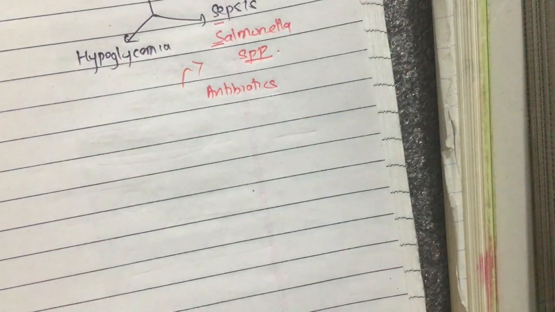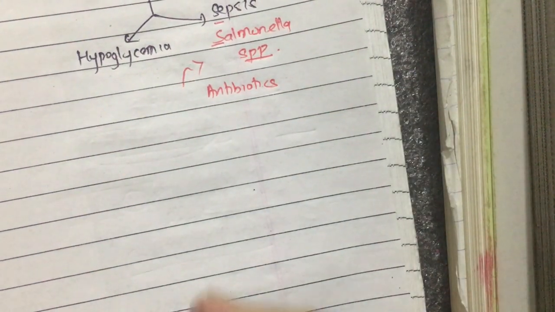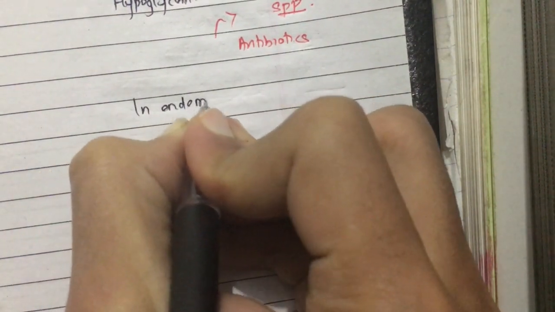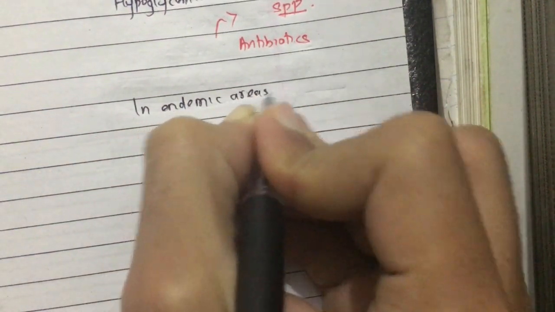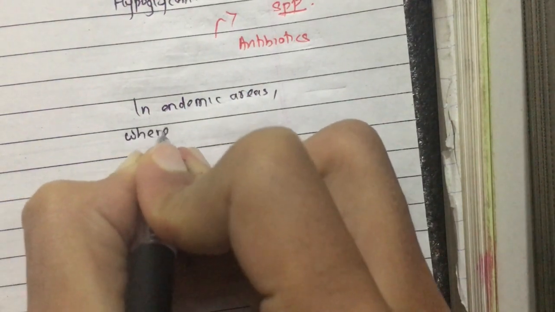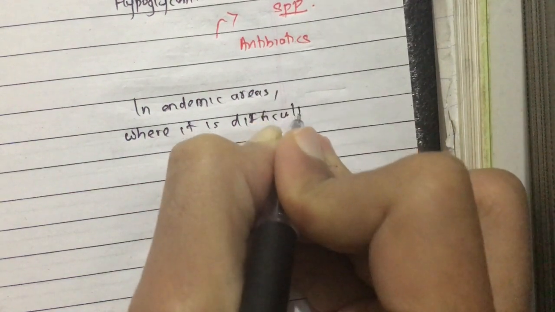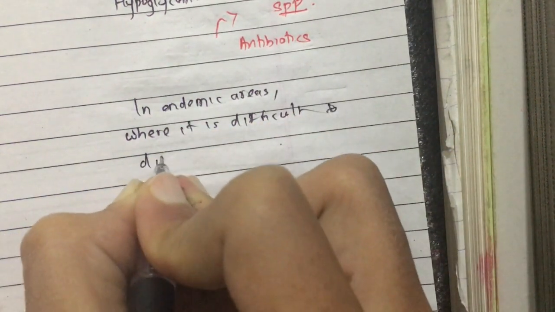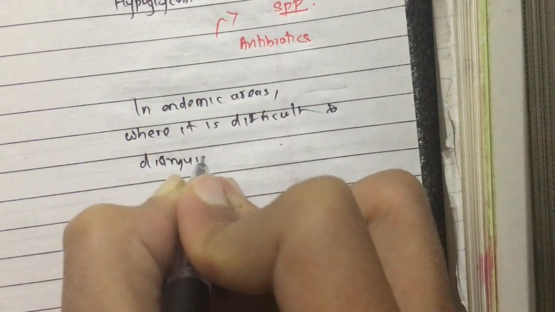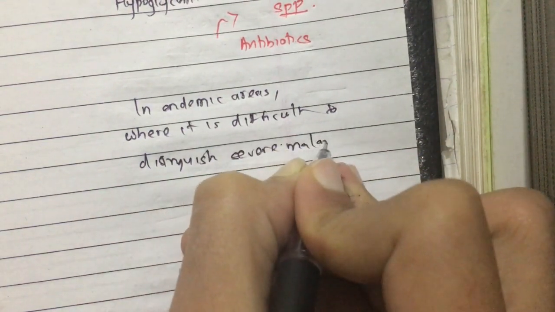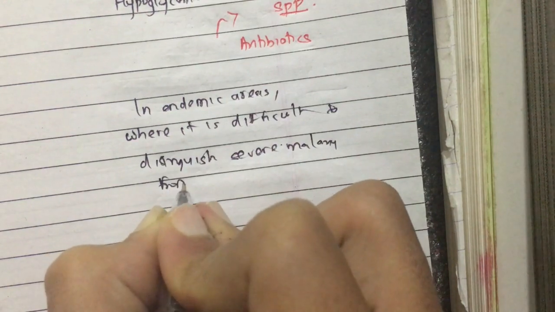But in endemic areas, it is difficult to distinguish whether the symptoms are caused by severe malaria or by bacterial sepsis.